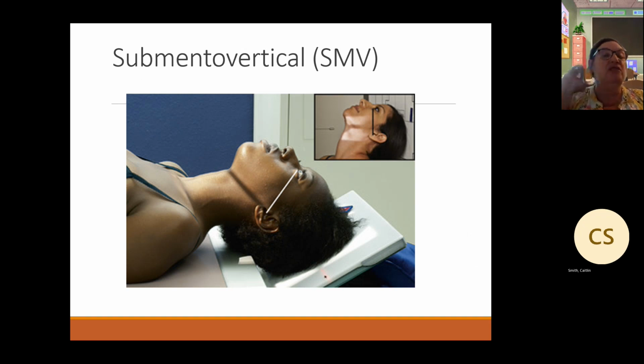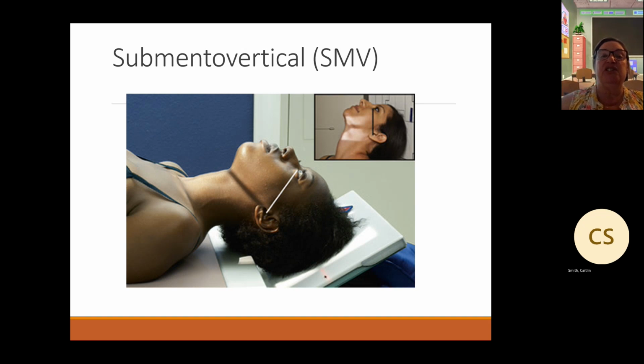Now, the submental vertical or the SMV projection looks at the base of the skull. The infraorbital meatal line should be parallel with the image receptor, which means the patient puts the top of their head against the image receptor, and the central ray then goes perpendicular and passes 3/4 of an inch anterior to the EAM, between the mandible.